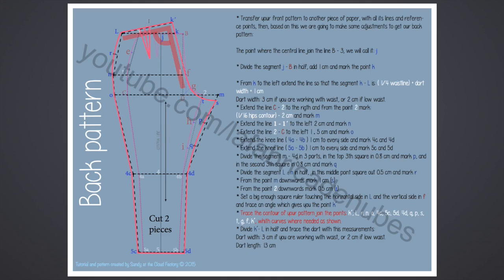My dart in this case is 3 centimeters, so I will mark 1.5 centimeter to the right and 1.5 centimeter to the left here. And the length of my dart in this case will be 13 centimeters. So mark 13 centimeters down and then join with the points here and here to build the dart.